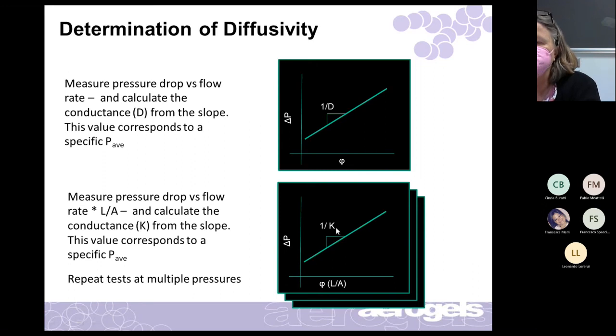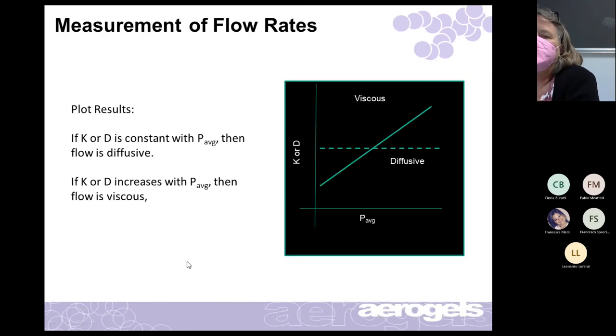This is showing what you get, gas permeability or conductance, however you want to plot them. People use both, versus P average. And if your behavior looks like this, that's diffusive or molecular flow, because, going back here, it doesn't depend on the pressure.